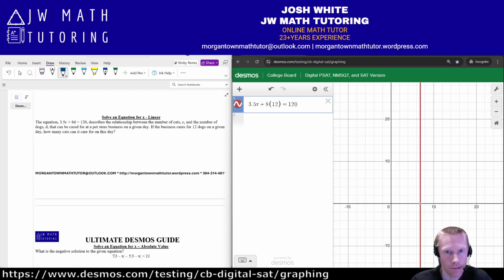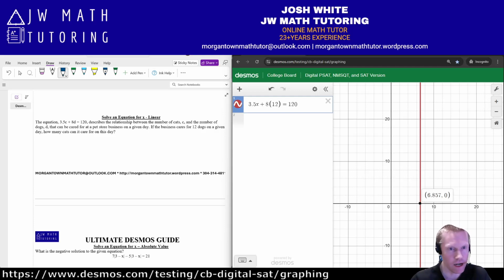So now, basically, I'm just solving this equation, and here's where you have to be careful. It says, how many cats can it care for in a given day? So the solution is 6.857, but obviously when we're talking about the number of animals that you can care for, we only deal with integer values. There's no such thing as 0.857 of a cat or a dog.